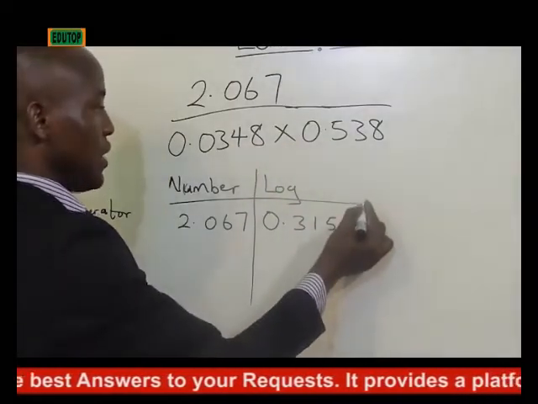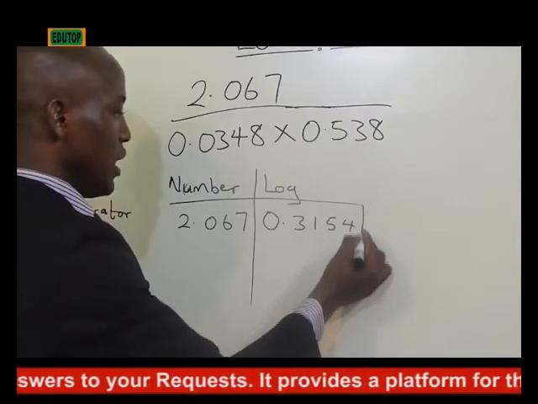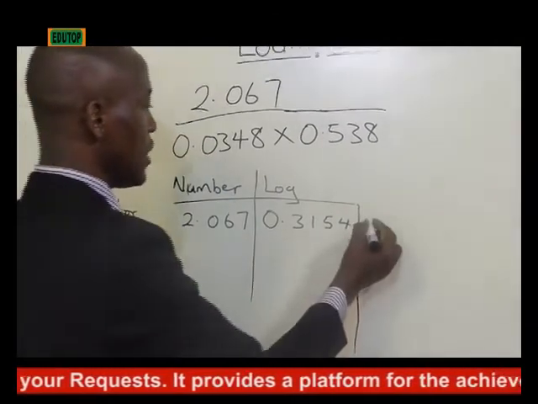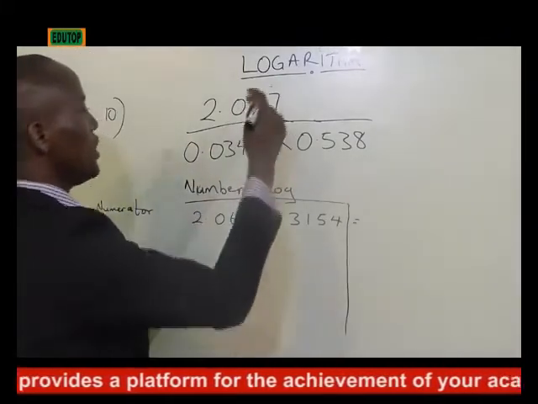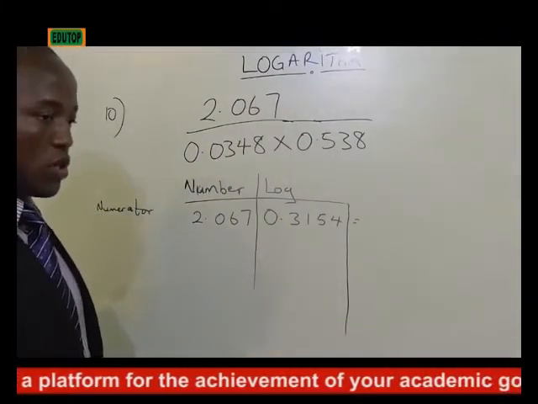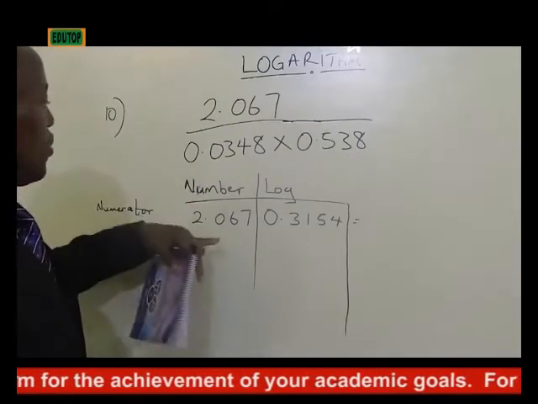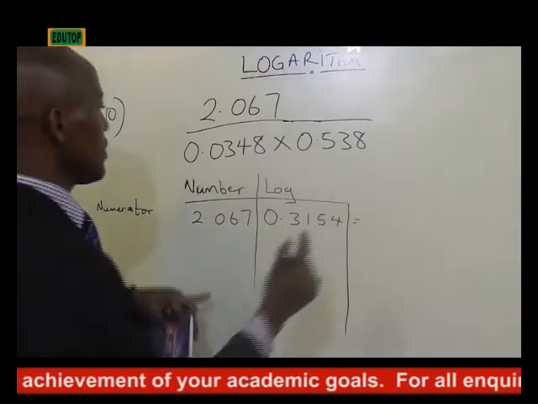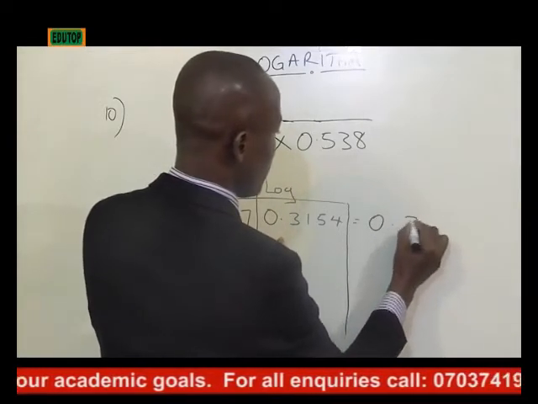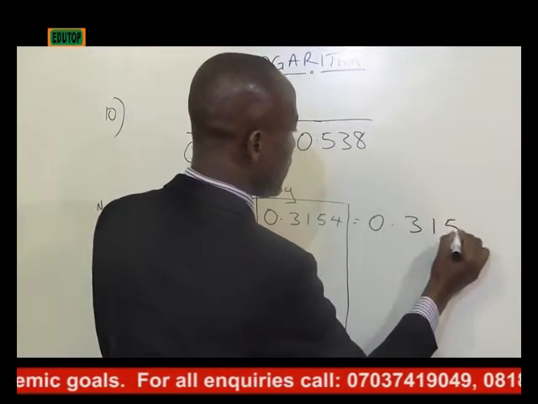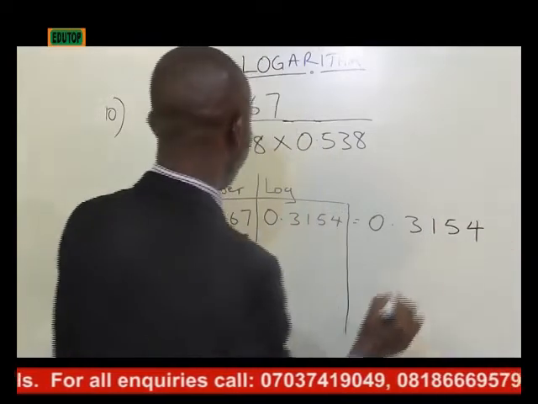I have to clean this. We will have to create another column because it's another operation that we are doing here. So in this another column, because we are dealing with numerator and denominator separately, the answer for our numerator is 0.3154.